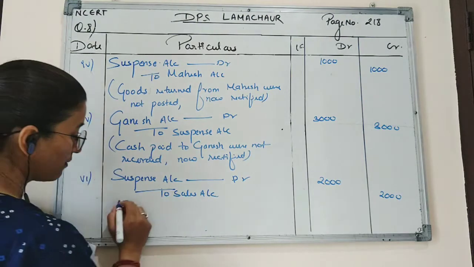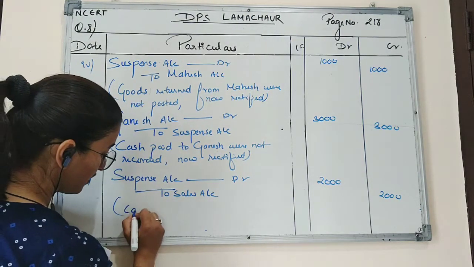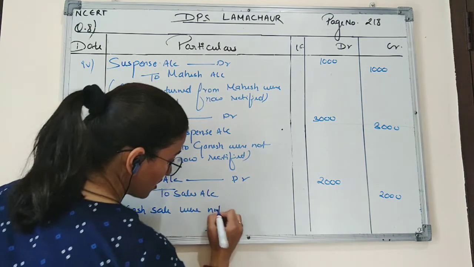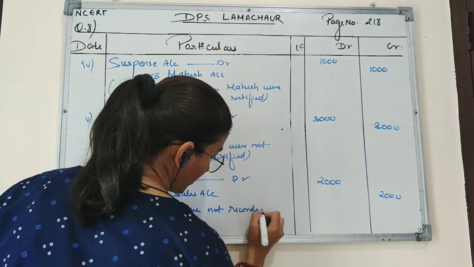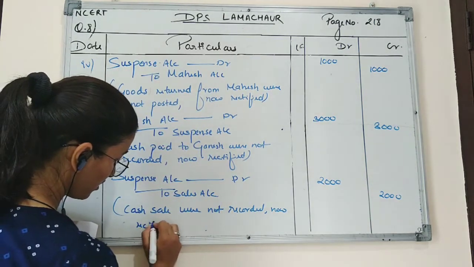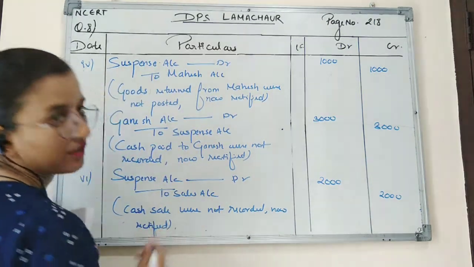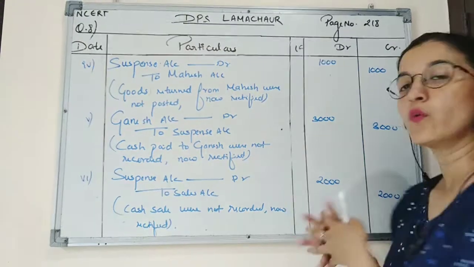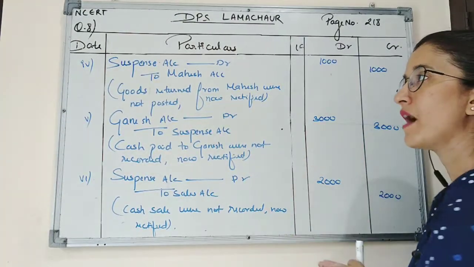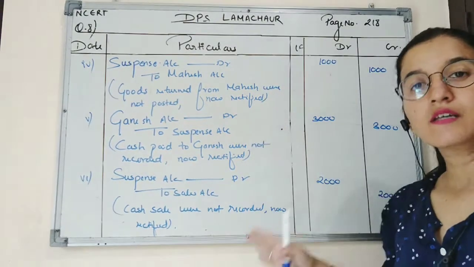Narration for this entry will be cash sale were not recorded, now rectified. So this is how questions based on rectification of error after preparing trial balance are solved by opening suspense account.